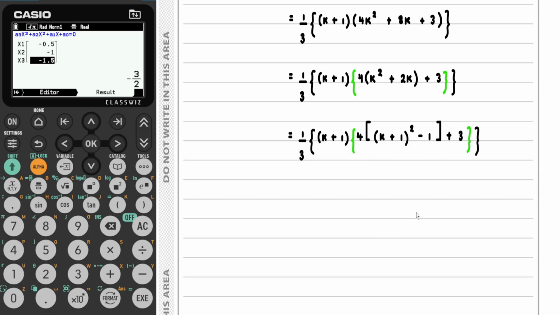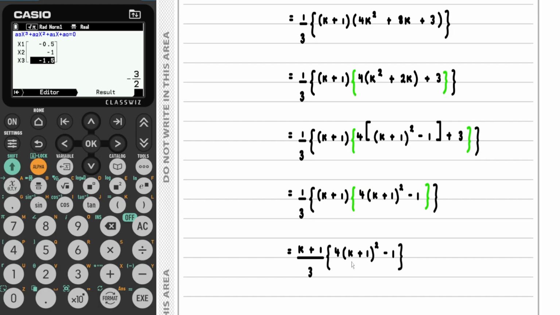And then I add on this 3. So I've got a third times k plus 1, and then here we've got 4 times k plus 1 squared subtract 1, and that's because 4 times -1 plus 3 gives us the -1. And so we have k plus 1 over 3 multiplied by 4 times k plus 1 squared subtract 1, and that is the result we wanted to end up at.